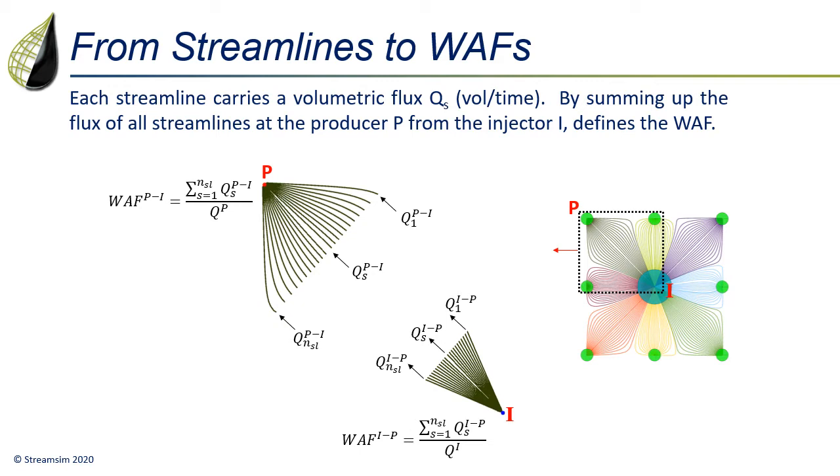If we zoom into the upper left PI well pair of the inverted 9-spot and look at the streamlines in detail in the left image, we know the volumetric flux along each streamline at the injection and production sides.